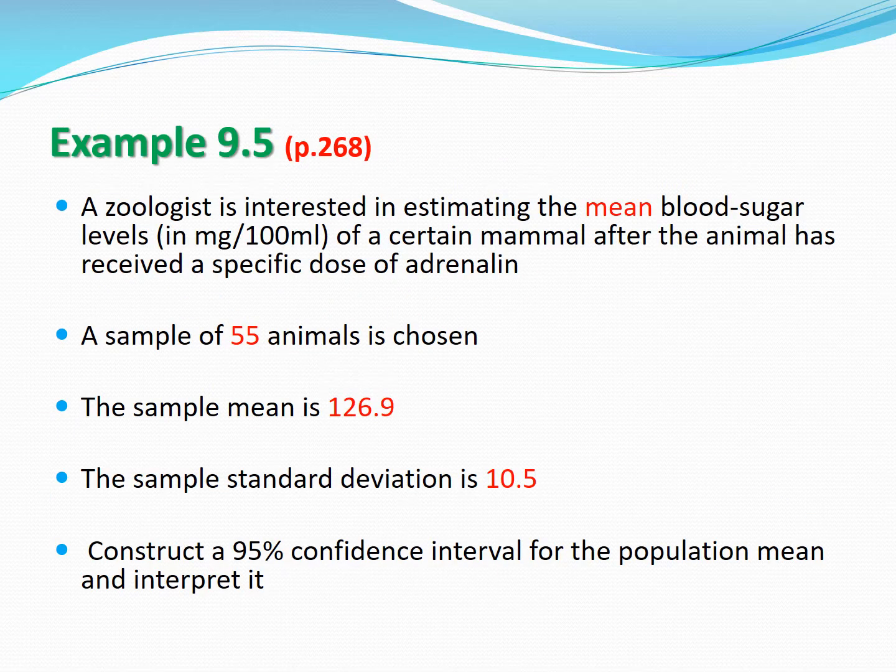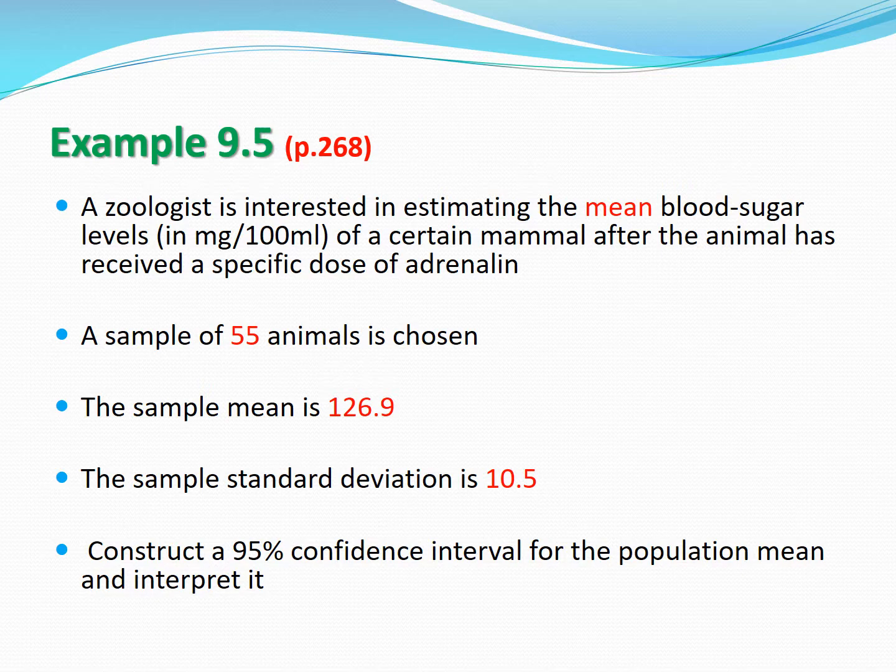Let's look at an example. In example 9.5, they tell you a zoologist is interested in estimating the mean blood sugar levels in milligrams per 100 ml of a certain mammal after the animal has received a specific dose of adrenaline.